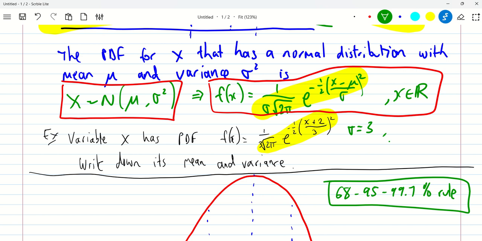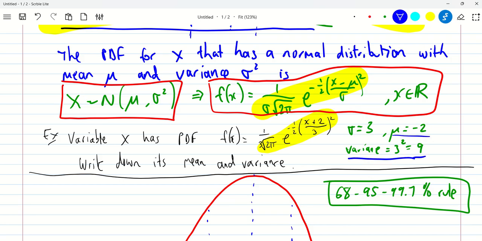And we can see that mu is equal to -2, because it's x minus mu, so it would be x minus -2, or x plus 2. The question did want the variance though, and not the standard deviation. So the variance is equal to 3 squared, which is equal to 9. Okay, so that's the answer.